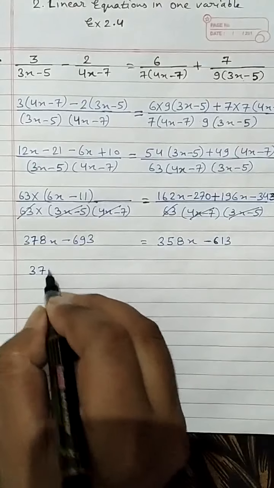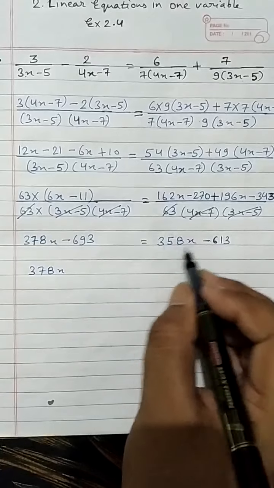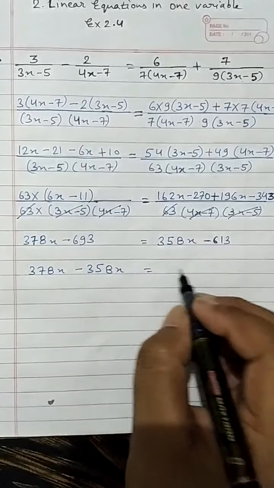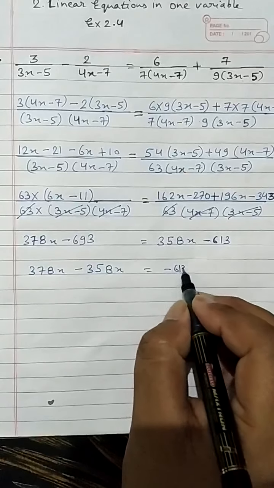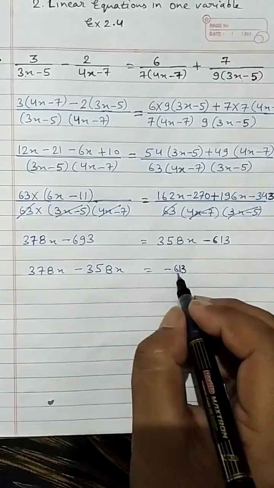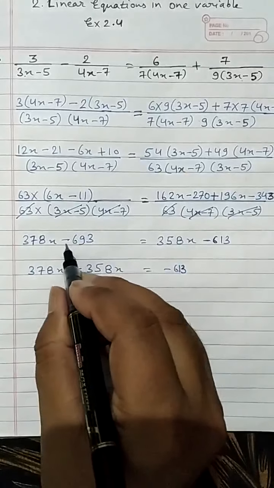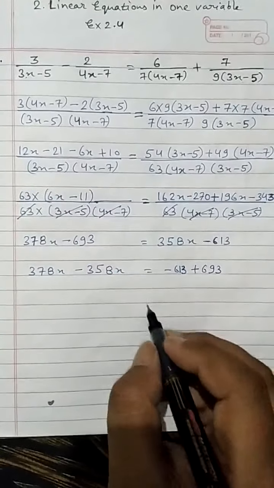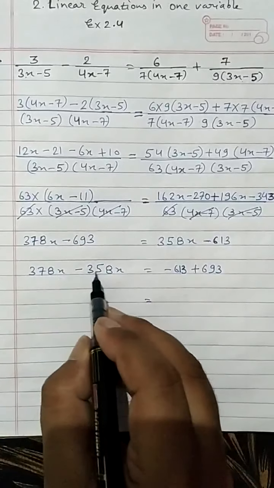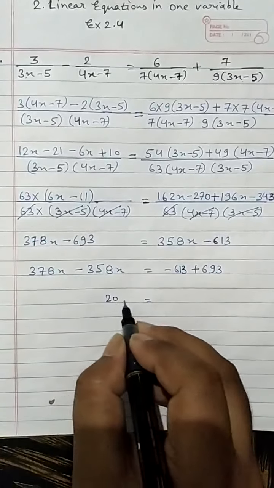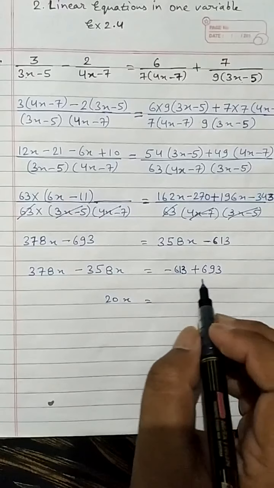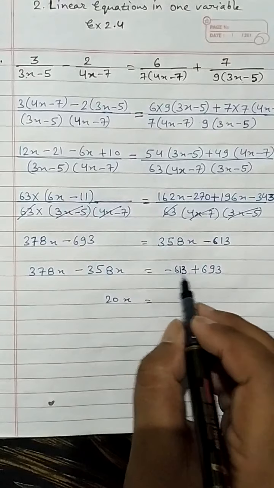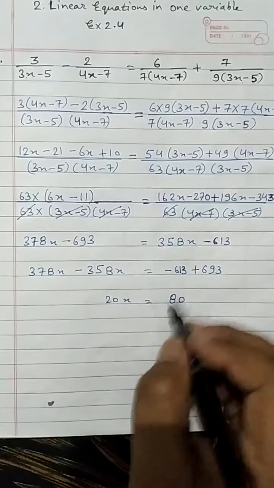And this 358x will come on the left side with sign change. This is minus 613, and this minus value will come here with sign change, 693. 378 minus 358 gives you 20x, and on solving this, 693 minus 613 gives you 80 positive.